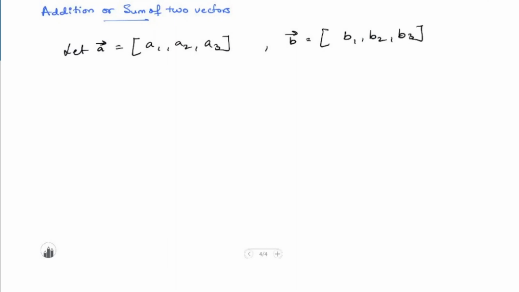So here, if we want to find A plus vector B, then all we have to do is take each coordinate. So we take A1 plus B1, then A2 plus B2, and then we add A3 with B3, and that's going to give us A plus B.